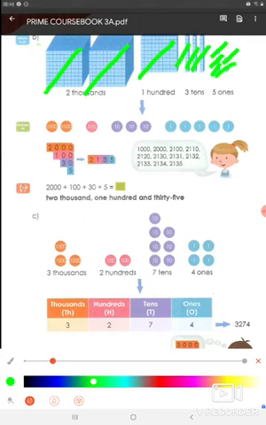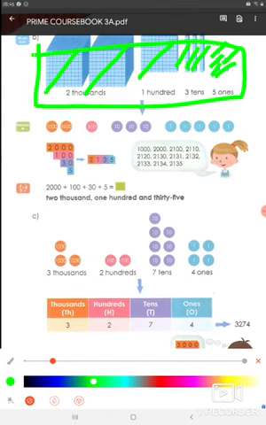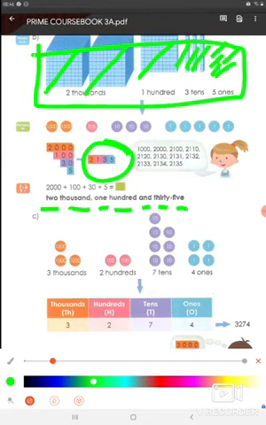So we know that all of this makes 2,135. And that's how you read it, 2,135. Easy peasy.